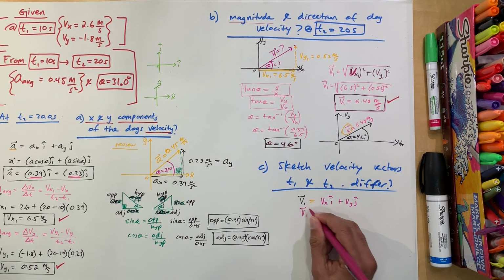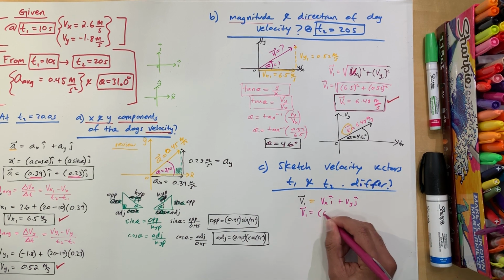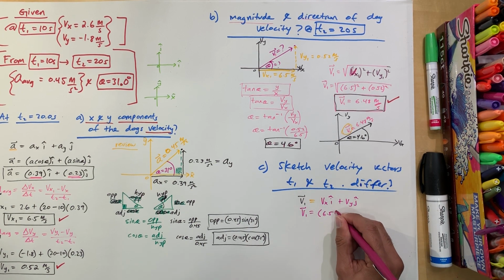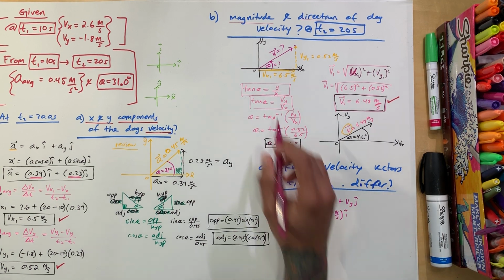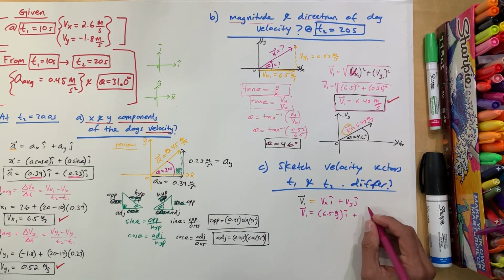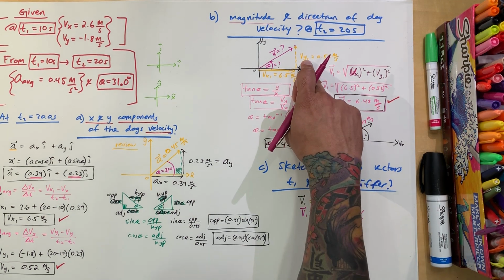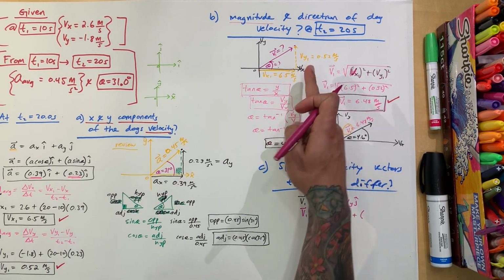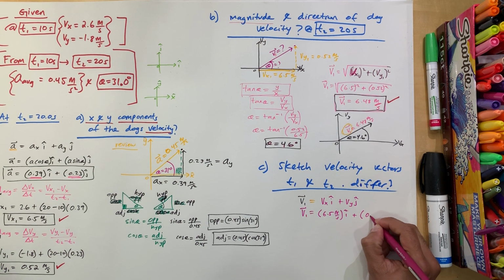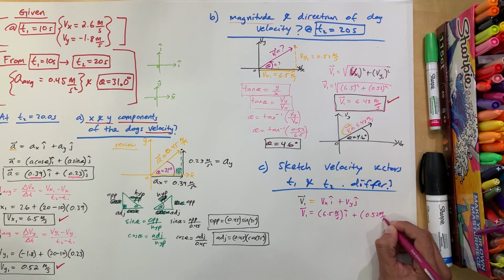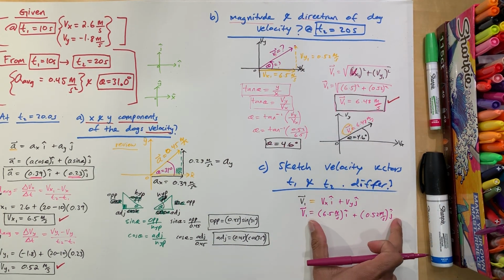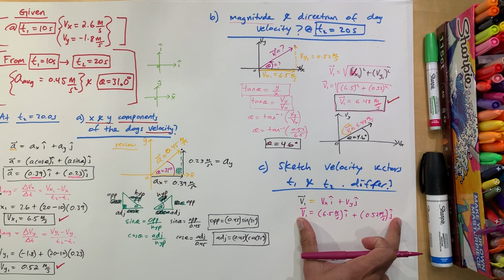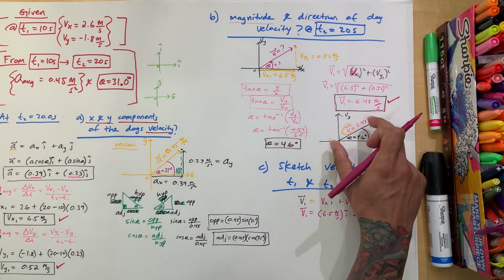So the V1 vector is gonna be 6.5 meters per second in the i hat direction, which is the X. And then plus Vy1 is 0.52 meters per second in the j hat direction, which is the Y direction. Okay, so this is written out in vector form.